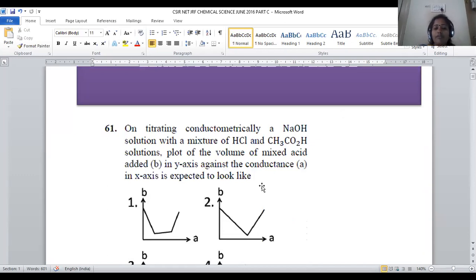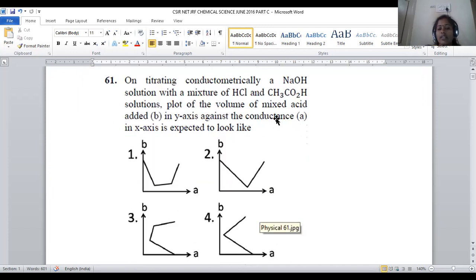Let us see question number 61. It is a part of electrochemistry: on titrating conductometrically sodium hydroxide solution with a mixture of hydrochloric acid and acetic acid solutions, plots of volume of mixed acid added on the y-axis against conductance on the x-axis. So here, a conductometric titration has been given. A mixture of acids was given.